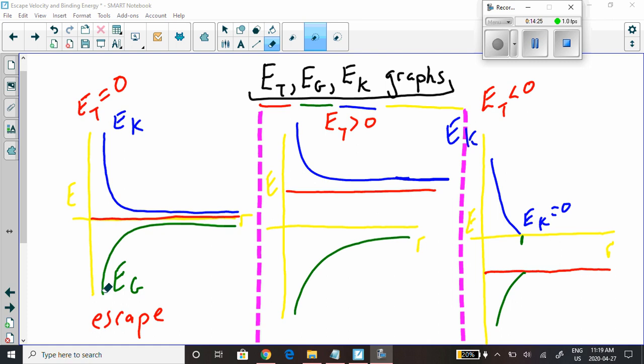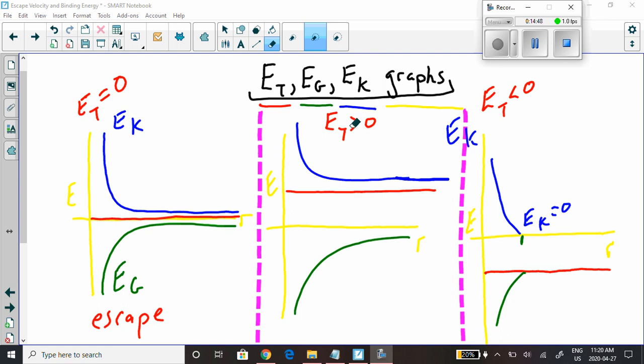So gravitational potential energy here is approaching 0. Here, kinetic energy is approaching 0. This is the graph for when you have enough velocity that it escapes, in this example let's say the Earth, and when it gets to infinity, it'll stop. That's what this graph is.